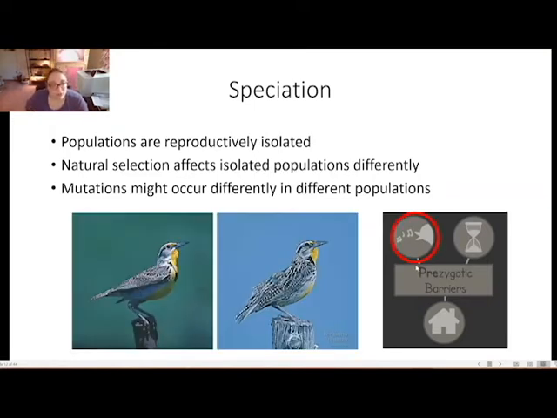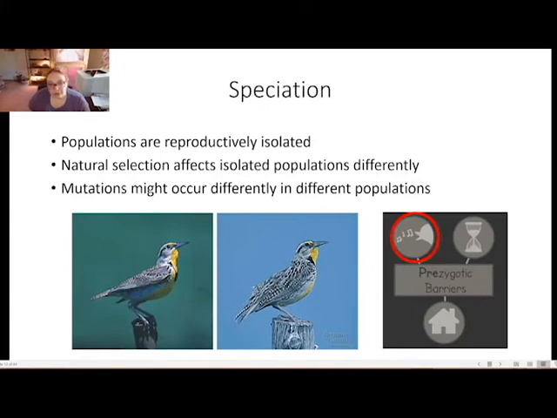We mentioned in one of our lectures last week the eastern and western meadowlark. Here, the eastern and western meadowlark look very similar. Their ranges overlap, and they have very different songs.